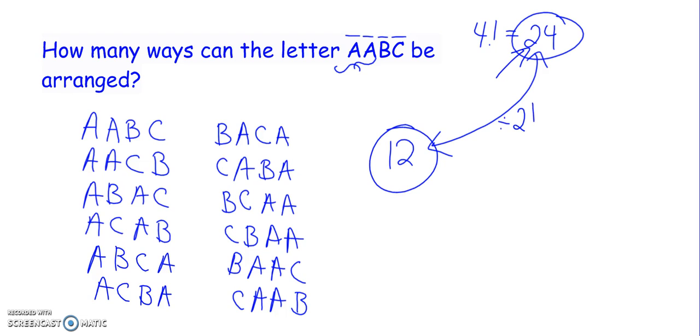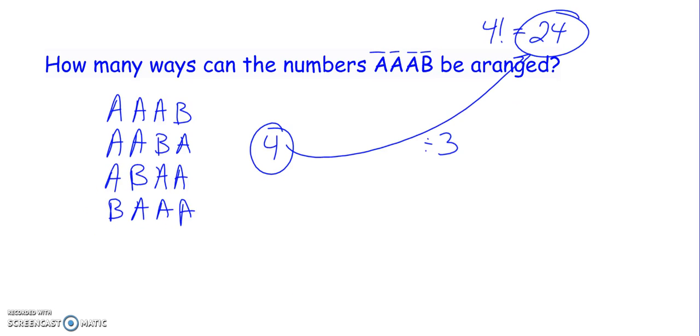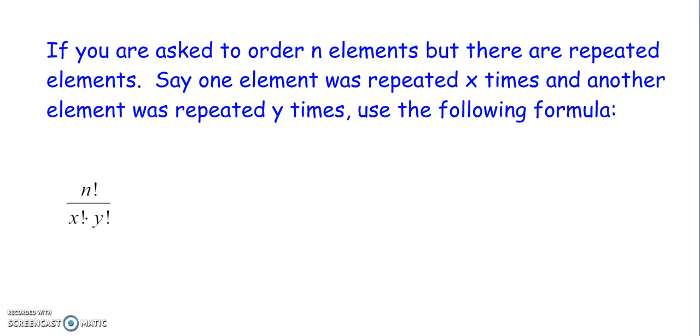And the correct idea is, well, what if we divided by 2 factorial? 2 factorial is still 2. 3 factorial would now be 6, and 24 divided by 6 is 4. So I'm hoping you're starting to see a little bit of a pattern here. So this idea, again, yet another formula. There's a lot of formulas in this section. If you are asked to order n elements, but there are some repeated elements, all right.